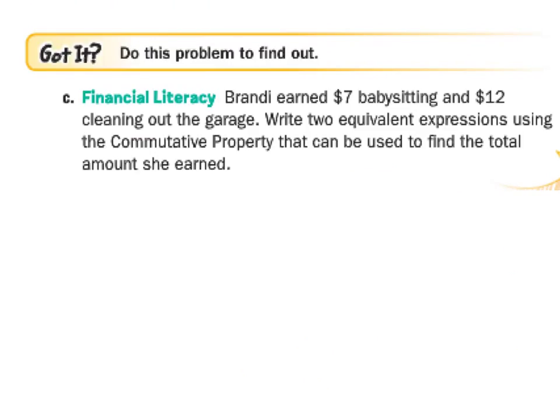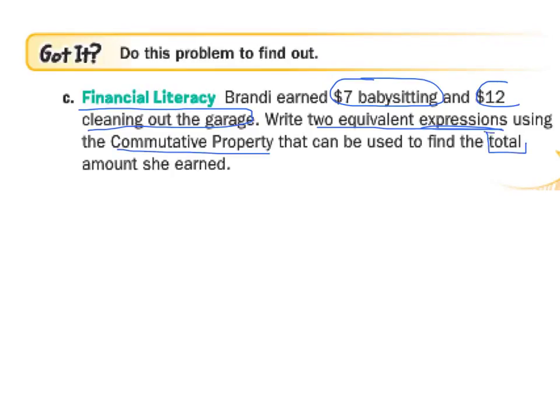So let's try one on our own. Brandy earned $7 babysitting, and she got $12 for cleaning out the garage. Write two equivalent expressions using the commutative property that can be used to find the total amount of money that she earned. So commutative means order. So I just had to change the order.